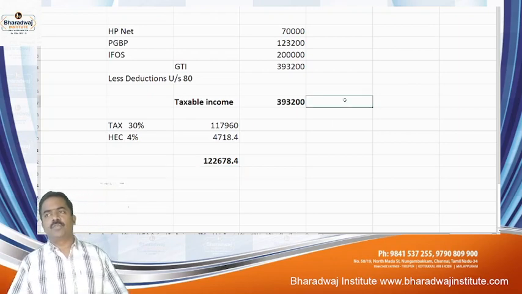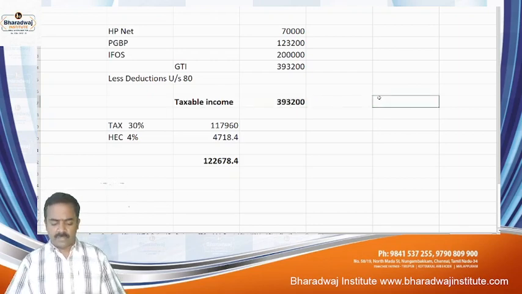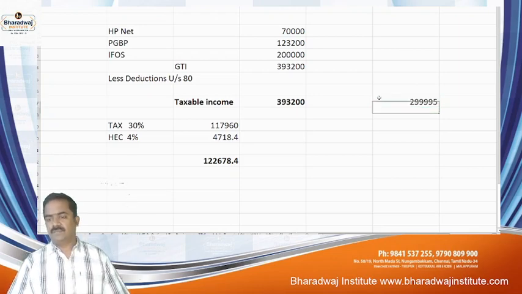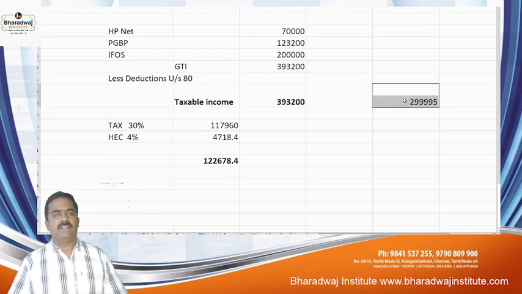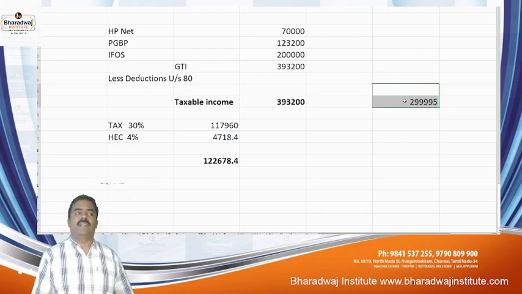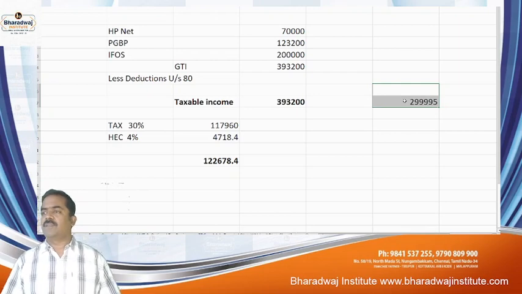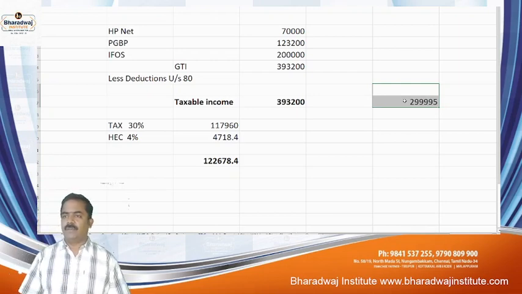This is one of the most important MCQs which is tested. Taxable income, pay attention. If it comes to 2,99,995, what will you do? Income will be rounded up to the nearest multiple of 10, which means 3 lakhs will be taken.